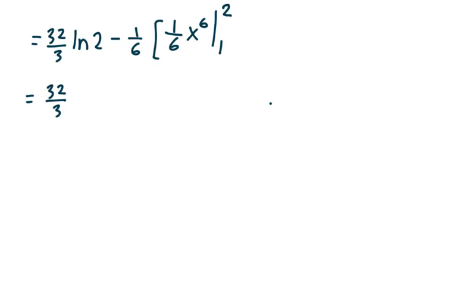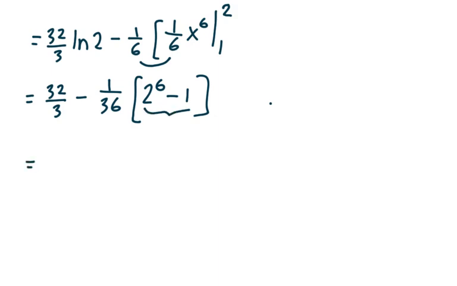So this is 32/3 minus 1 over 36, right? Because that's what 1/6 times 1/6 is. And then I'm going to get 2 to the 6th if I replace x with 2, minus 1. But that's 63 inside the parentheses here. So that's 32/3. Oh, and then what did I forget? Don't forget that natural log. Right?